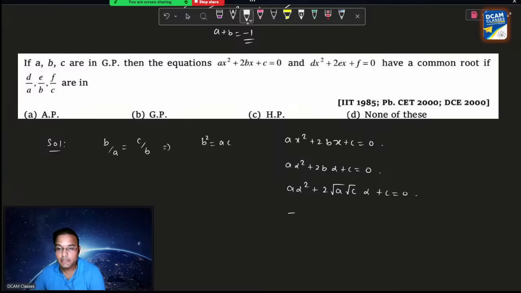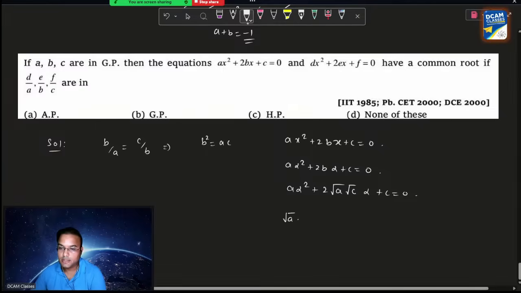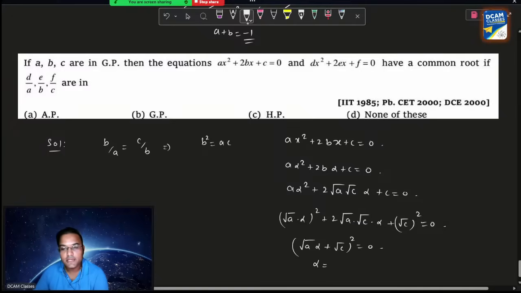I can write this as root A alpha whole square plus 2 root A into root C into alpha plus root C whole square is equal to 0. Now this is root A alpha plus root C whole square is equal to 0. So it became easy actually. Alpha we have found out as minus root C by root A. The root we have found out. Now if you want, you can substitute it here.